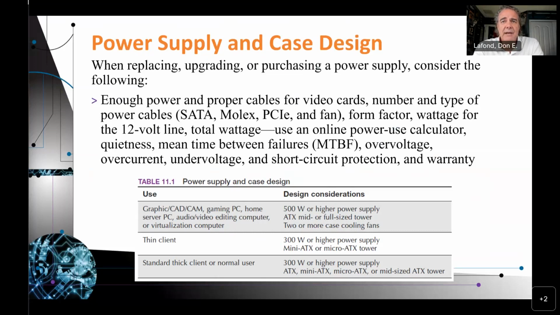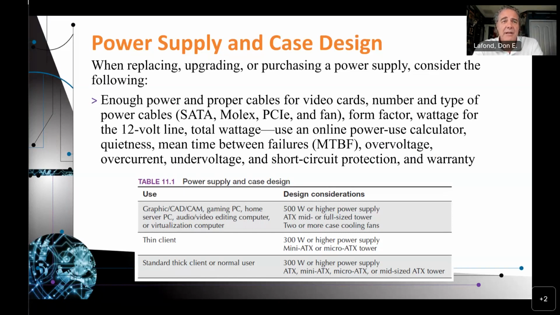Now again, let's go crazy, right? Let's buy a 1,000 watt power supply for only a need of 500 watts. Well, that fan is not going to come on maybe ever, because you're not even using 50% of your power supply at most times.